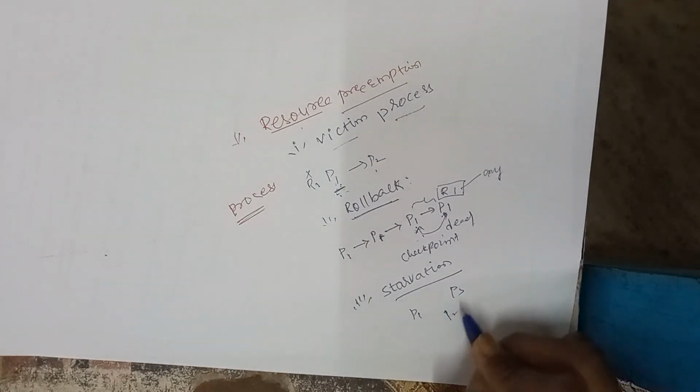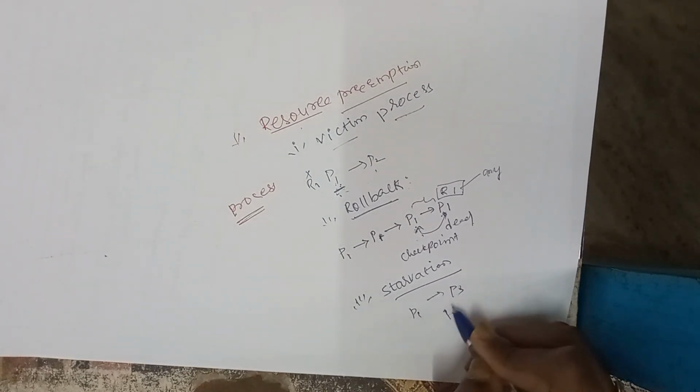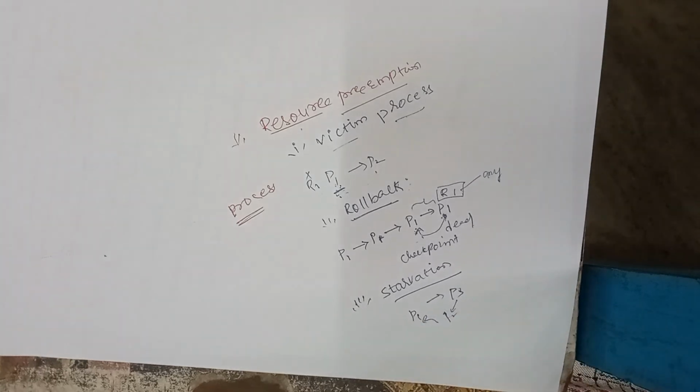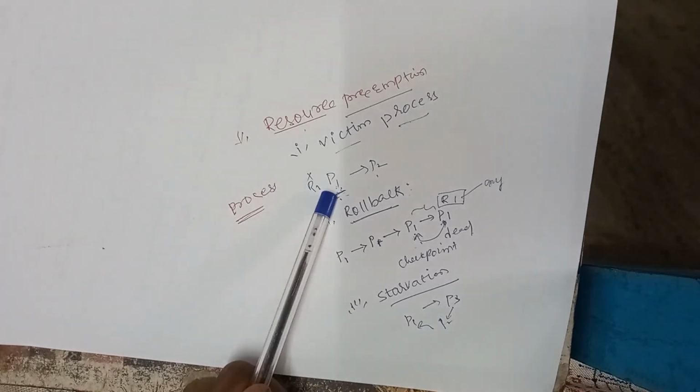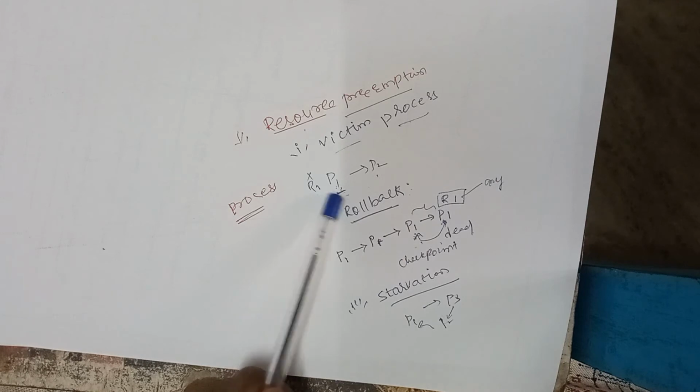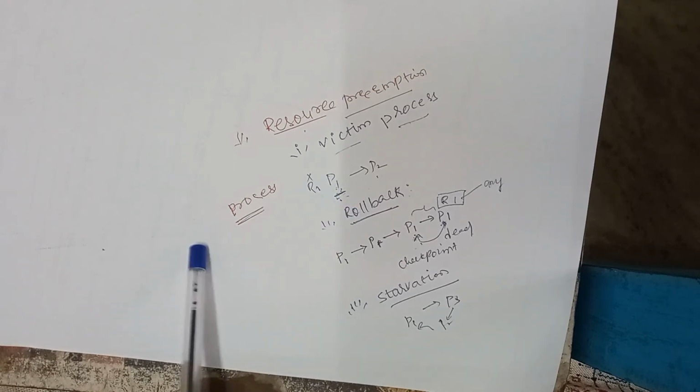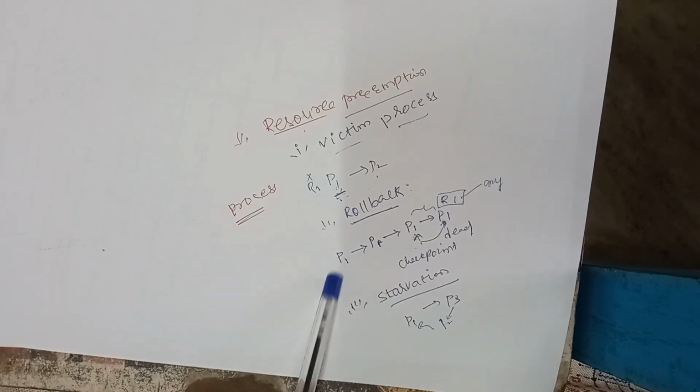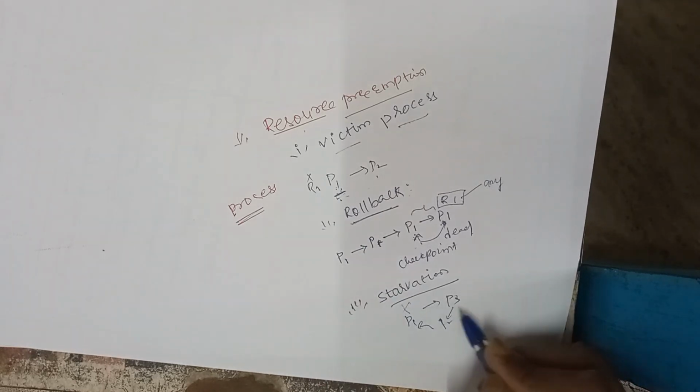Right? So P1, P2, P3 have a deadlock. What do we have to do? Either we select the victim process, the resources are taken out and the process is rolled back. Consider here we terminated process P1. If you terminate P1, P2 and P3 are there, so P2 and P3 complete the execution.